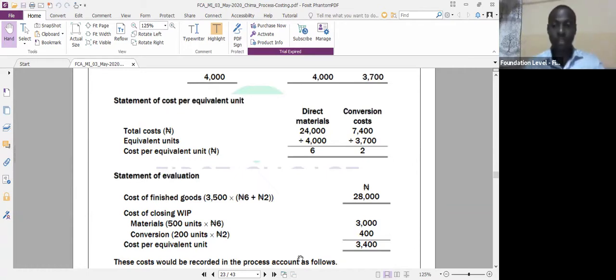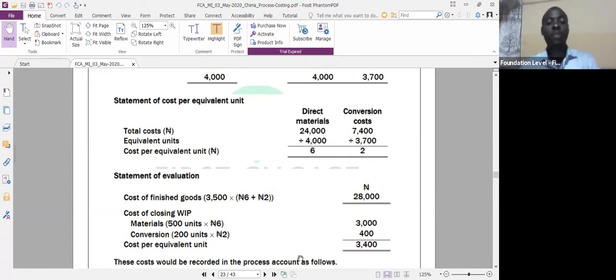Okay? All right. Now, you have work in progress. Material costs. We have 500 units equivalent from what we got there, and we say material cost 6 naira.